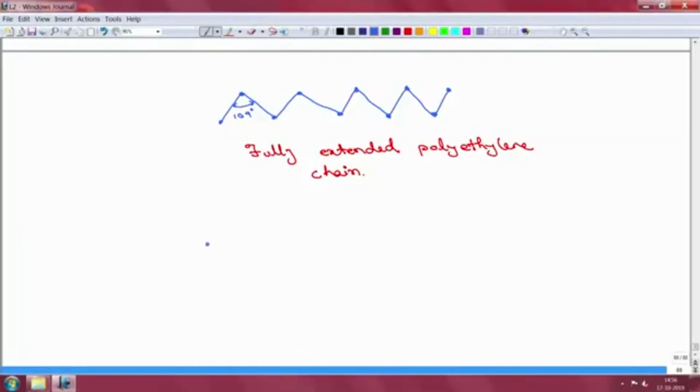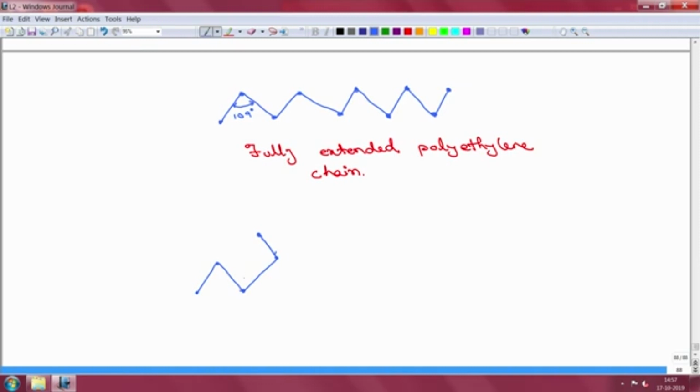So, for example, due to this thermal motion of the atoms itself, maybe I will just draw it a little bit down. So, due to the thermal motion of the atoms, this I have to draw like that, but the second one I can draw in this fashion.